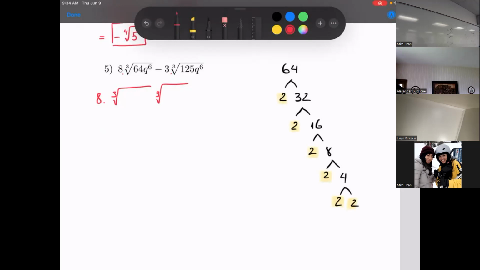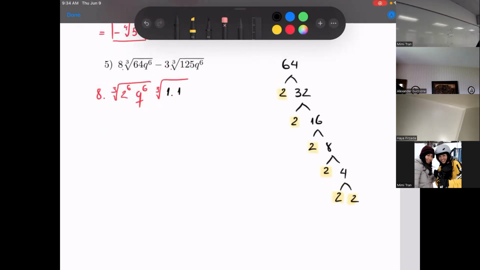So maybe leave it at 64. Right. Maybe I rewrite it as 2 to the 6. And then cube root of 2 to the 6 is 6 divided by 3. So leave it like that. Nothing over here. Over here you can put 1 times 1. Nothing wrong with it. This one is kind of nice because I give you a number that you can actually take a cube root of right away.